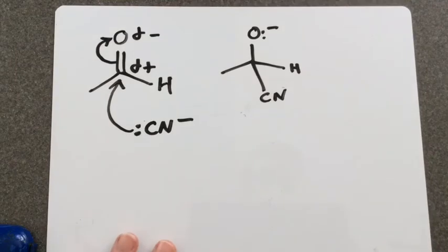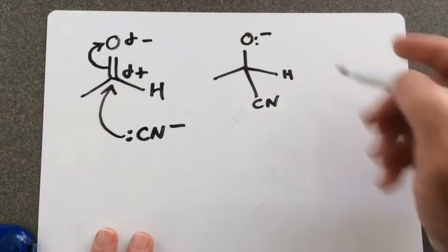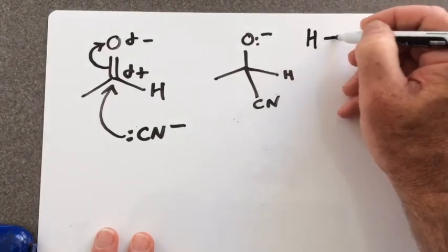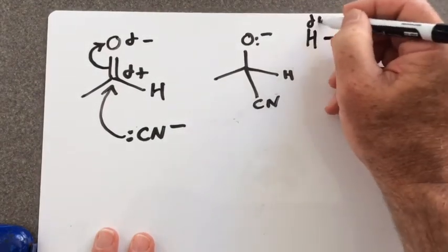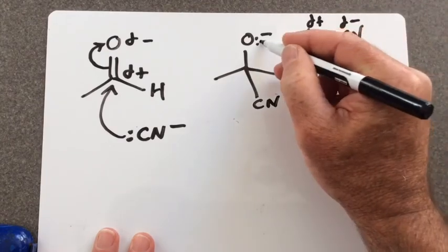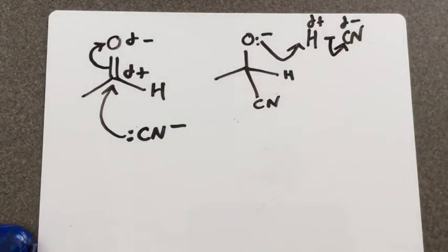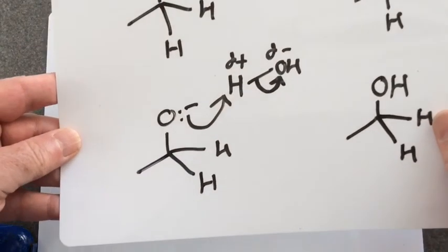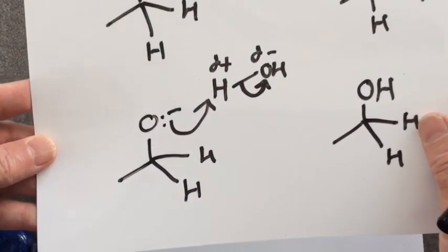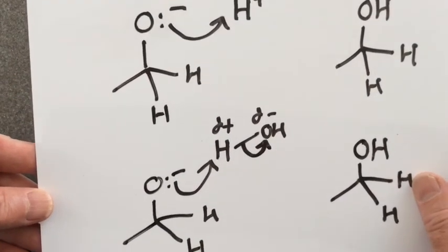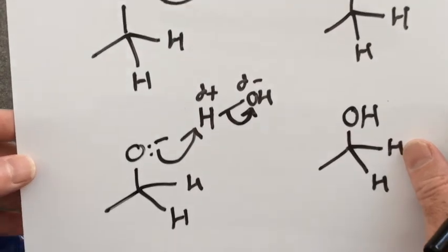Okay, let's get back to the mechanism. What happens next? Well, this is where the hydrogen cyanide comes in. Very similar to the more complex version of what we did when we reacted our aldehyde or ketone with NaBH4 and the H- ion.